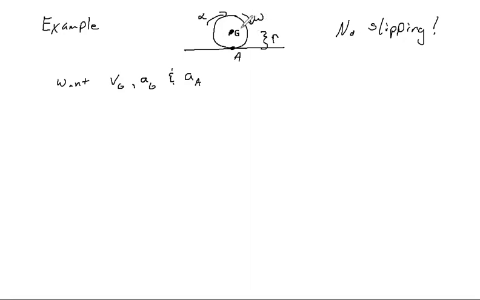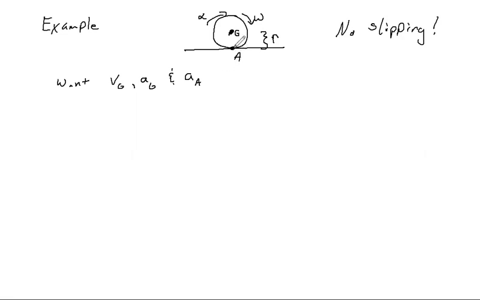And what we're expecting here is that increasing these numbers, you would think, would make the velocity increase, and then increasing alpha would make the acceleration increase. We expect there to be minus signs between the linear quantities and the angular quantities. So let's see how that plays out.